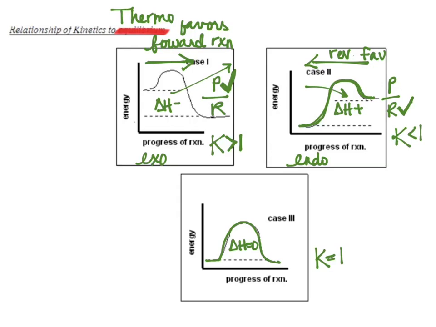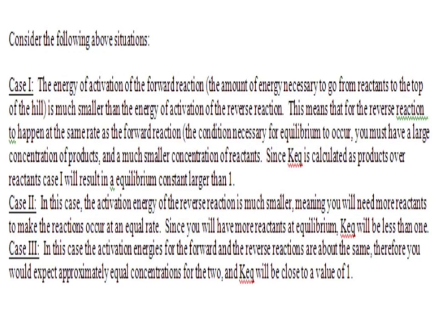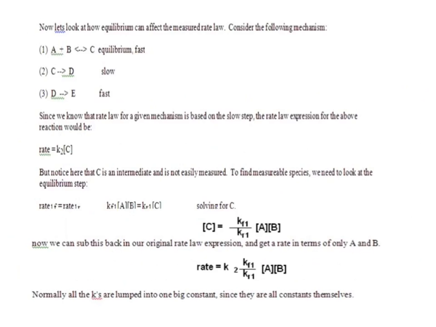So I would, hint, know how to do these, know what magnitude, which one's favored, all that. If you don't like my interpretation of it, there's some right there telling you how to interpret it.